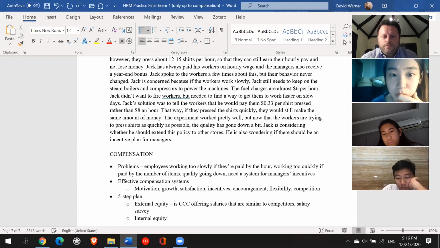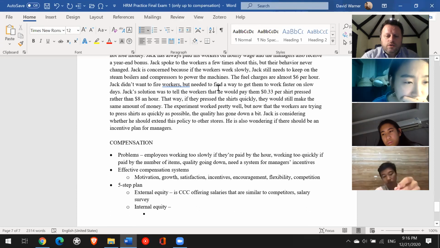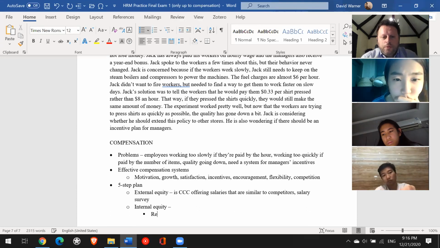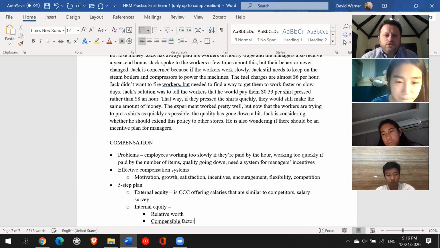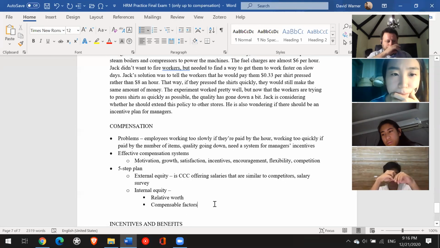Internal equity. That has a few important subparts. And if you remember, the most important to me are relative worth and compensable factors. Those are the two most important to me. So what is relative worth?